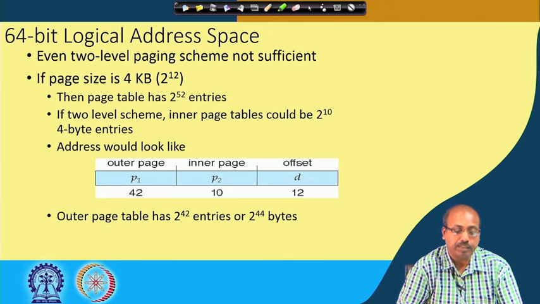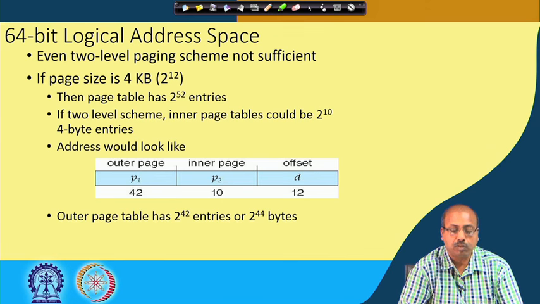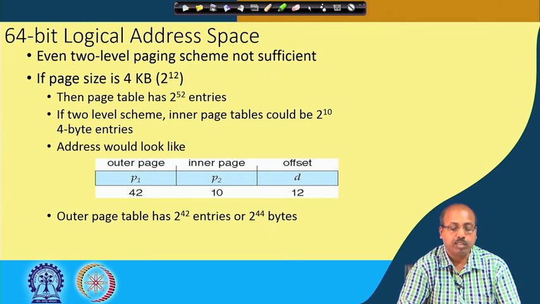Now, even if we are having a 2 level structure, the inner page table could be 2 power 10 entries, if we assume that each entry in the page table takes 4 byte of space, because that is the address. So, it can accommodate only 2 power 10 entries, which means 10 bits.